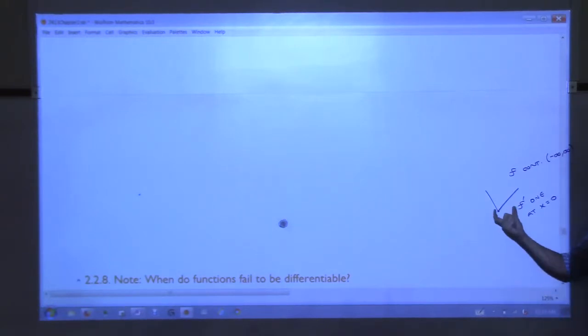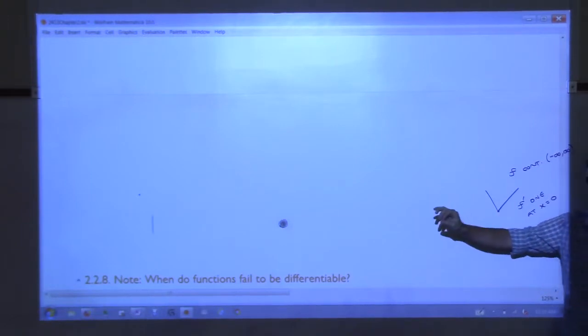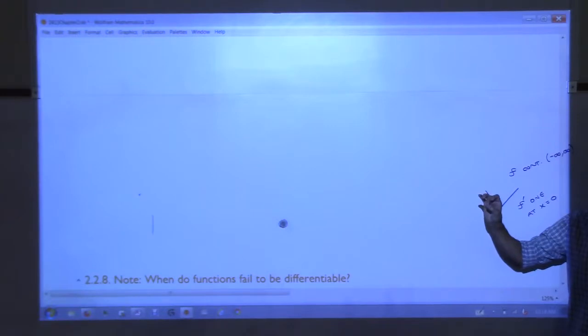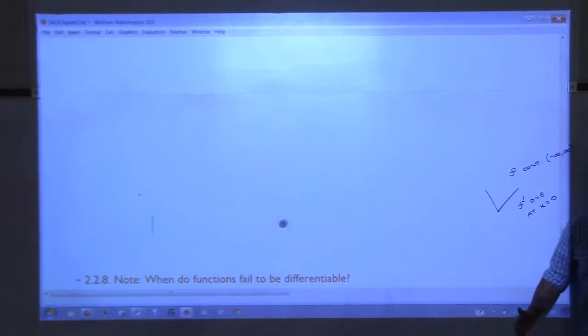This is an example of a function that's continuous everywhere, but it's differentiable everywhere except one point. Is there a function that's continuous everywhere and nowhere differentiable? Like you go to any point on the graph and you cannot take a derivative. That was the question.